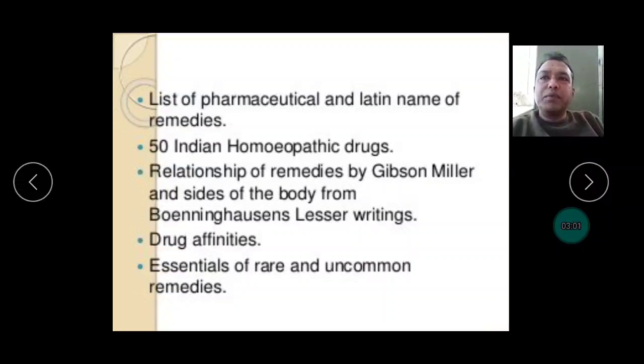Relationship of remedies by Gibson Miller, and sides of the body from Boenninghausen's later writings. Various kinds of drug affinities are displayed in the book, along with essentials of rare and uncommon remedies. These are the different factors which differentiate William Boericke from other authors.